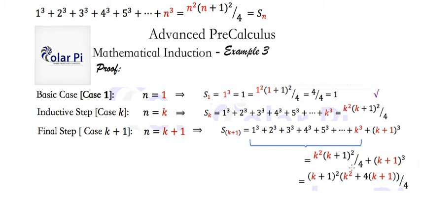Now look at this group of items here, k squared plus 4 times the quantity k plus 1. That's k squared plus 4k plus 4, but that's a perfect square binomial, namely k plus 2 quantity squared. So once we take care of that, we can write this.